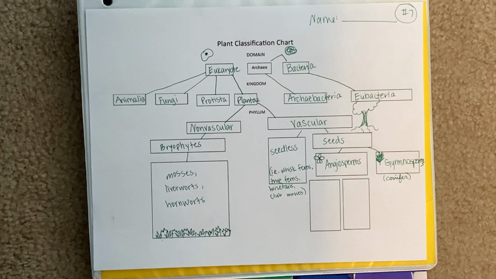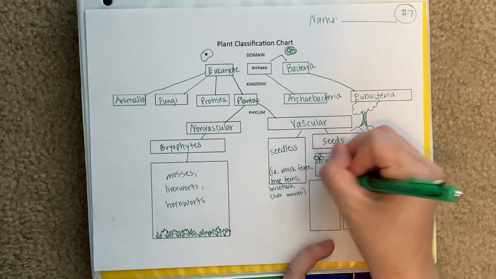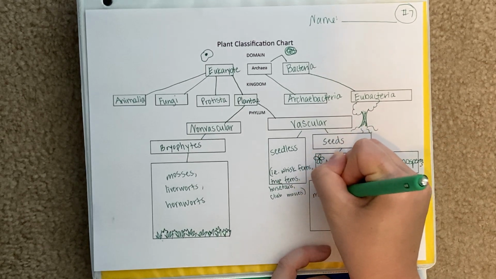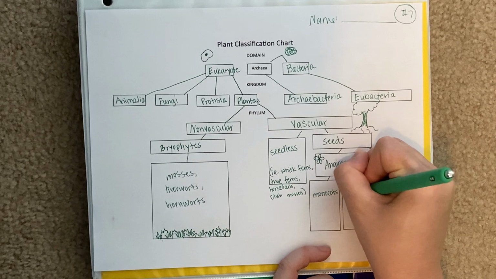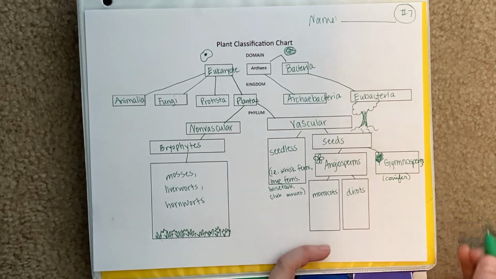And then the last thing we mentioned yesterday was the angiosperms can be further split up into two groups: the monocots and the dicots. And then we said the difference between those two.